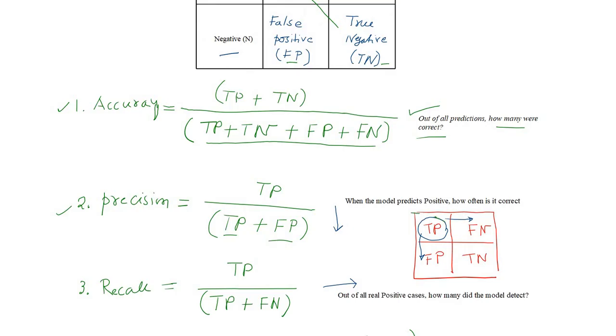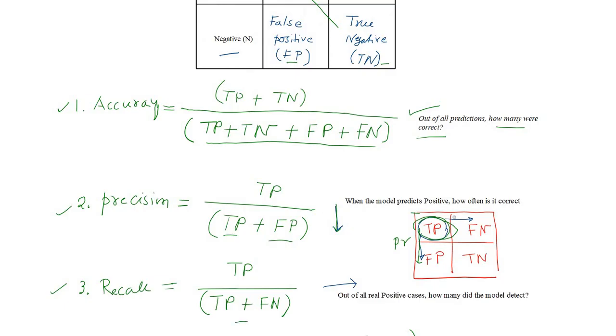One convention to remember it: for precision, you can see a down arrow, so you consider TP divided by TP plus FP. To remember recall, it is the same TP divided by TP plus FN.